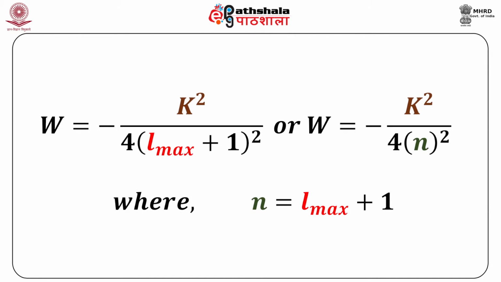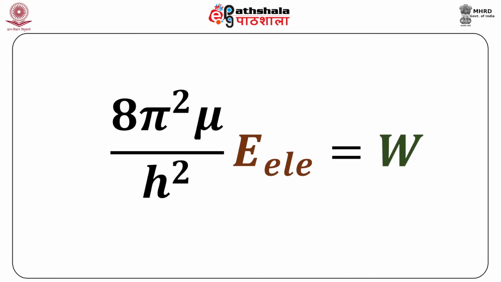That means W is equal to minus K square upon 4 (L max plus 1) whole square. And if we denote L max plus 1 by n, then W becomes equal to minus K square upon 4n square. And W, if you remember, we have already made the substitution. W is basically equal to 8 pi square mu upon h square into E electronic.